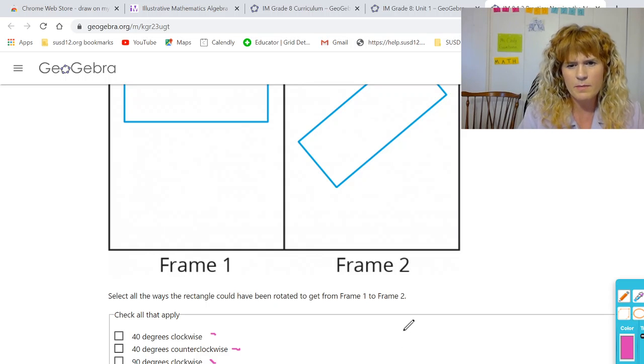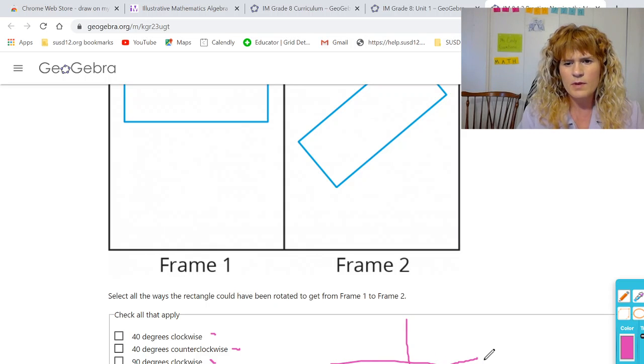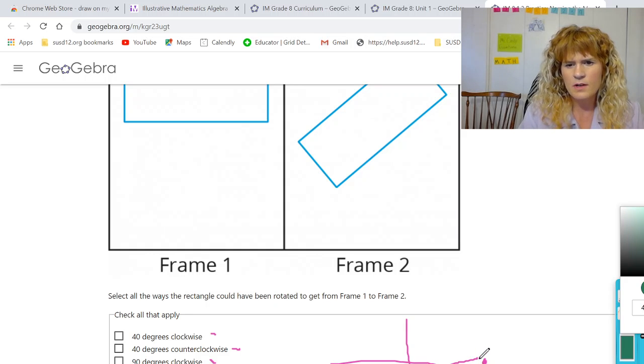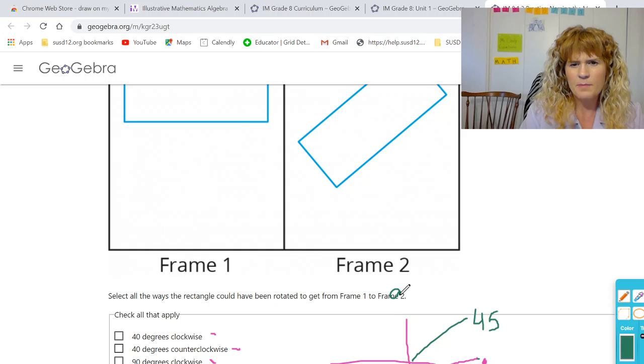All right, do you remember the degrees I showed you last time? Remember, if you're starting here, then this would be about 45 degrees. Straight up and down is 90 degrees.